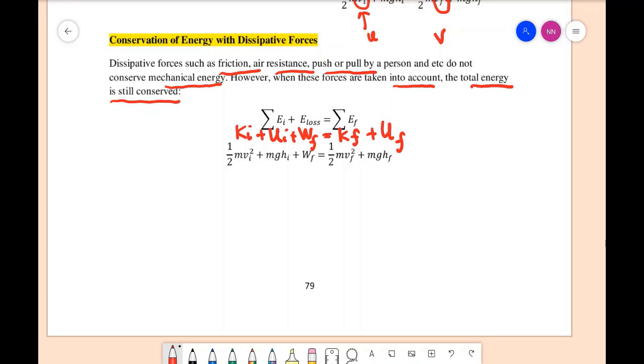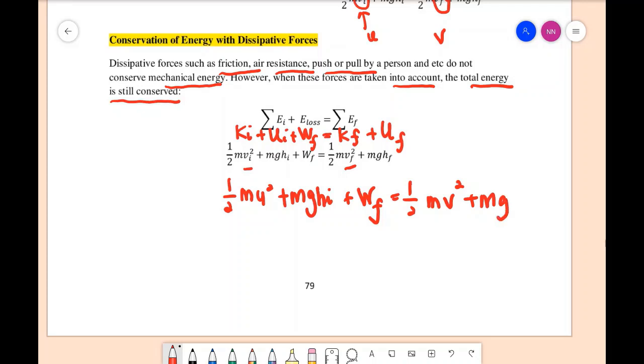So the formula is half m vi squared, and you may replace vi with u. So it becomes half mu squared plus mg height initial plus work done by the friction equals half m final velocity v squared, where you replace vf with v and vi with u, plus mg height final.